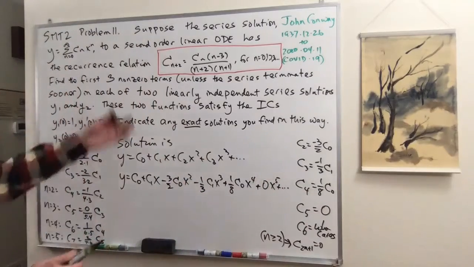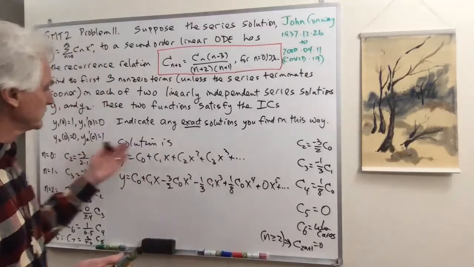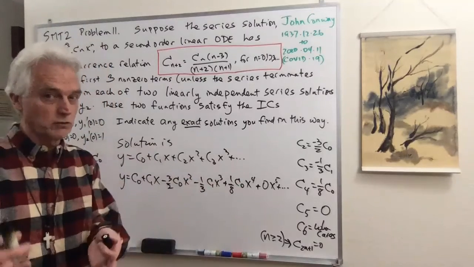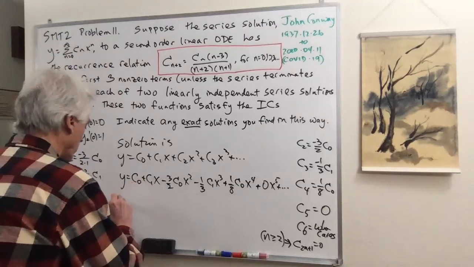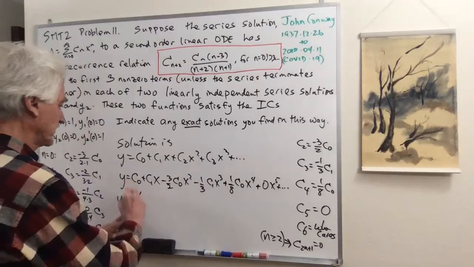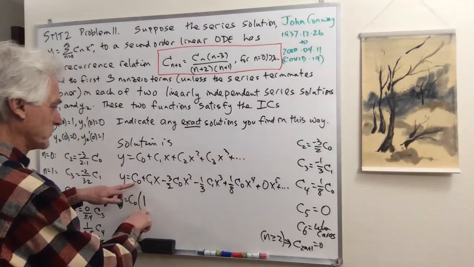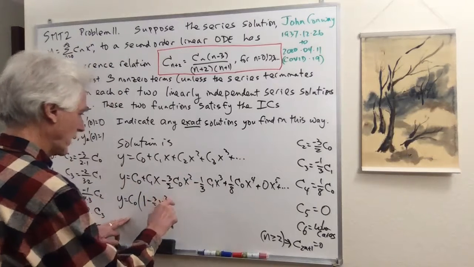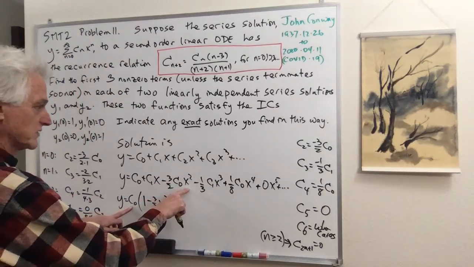So now if you go back to this method A, I keep C0 and C1 general, write the solution, and then I gather the terms that have a factor of C0. And what do I get when I factor out C0? I get a 1. Don't forget the 1 there. C0 times 1 minus 3/2 x squared. That's minus 3/2 times C0 times x squared.